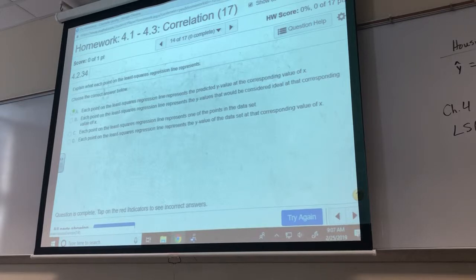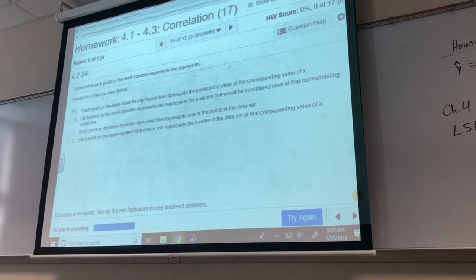Number 14, it says explain what each point on the least squares regression line represents. If we're looking at just our points on the scatter plot, those are going to be actual observed values that we saw from our raw data. But this one, they're saying the point on the least squares regression line. Remember, our least squares regression line is used to predict what we think the y value is going to be.